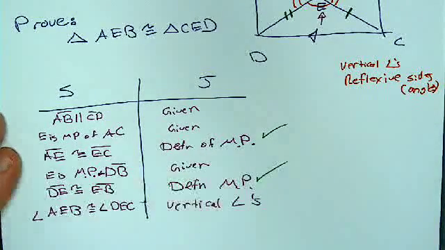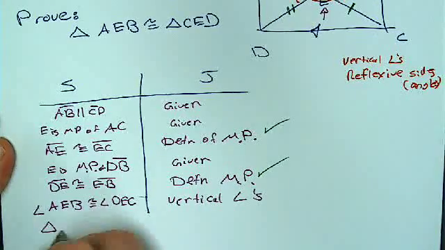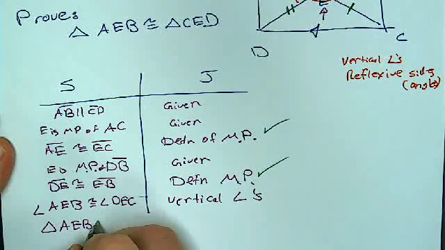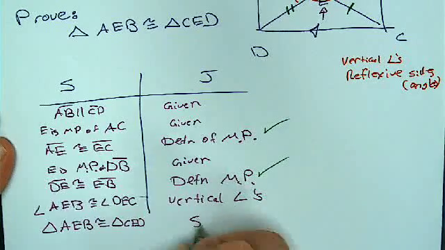And now I can say triangle AEB is congruent to triangle CED, and that's by side angle side.